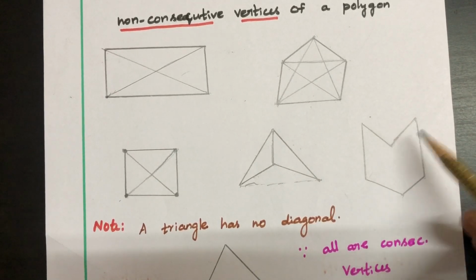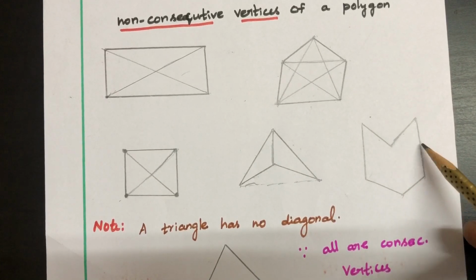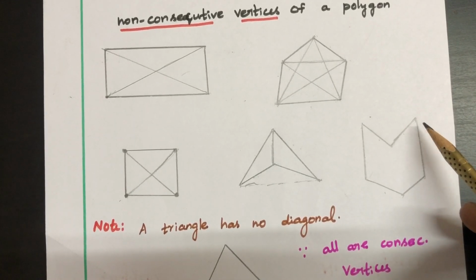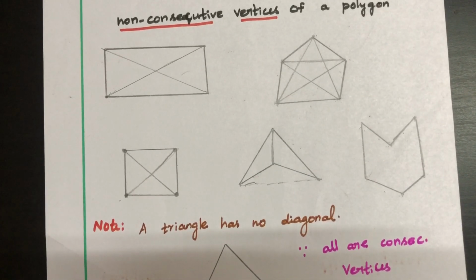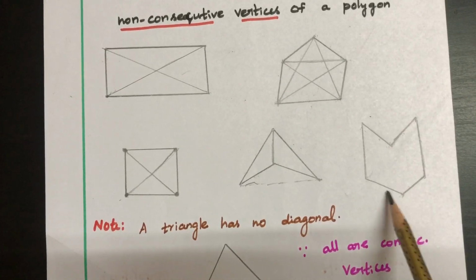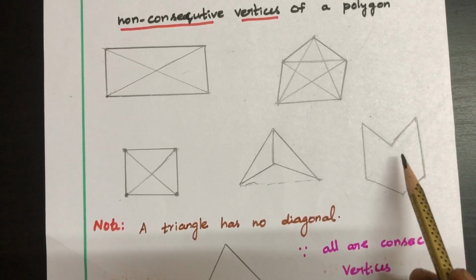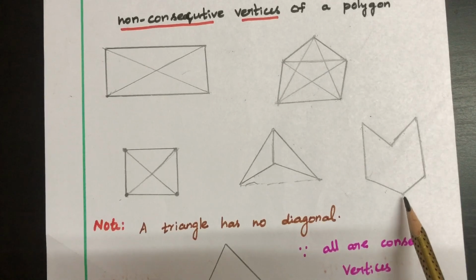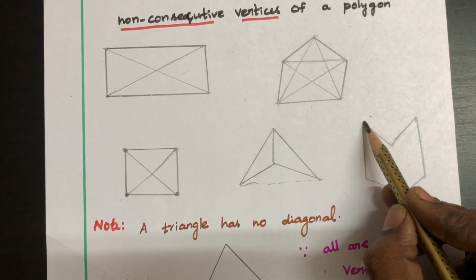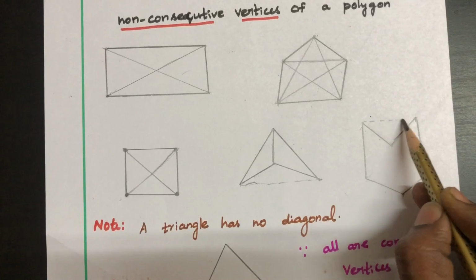Here, how many sides? 1, 2, 3, 4, 5, 6 sides. Also 6 vertices. This is a closed curve with 6 sides. How to draw diagonals for this? Look for the non-consecutive vertices. It's very easy. See, first exterior. Here, this is non-consecutive.